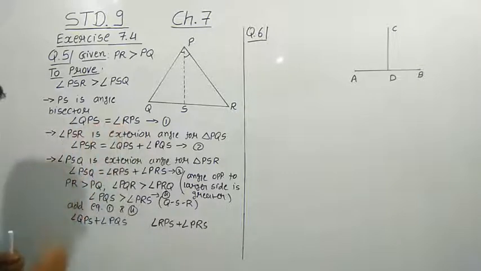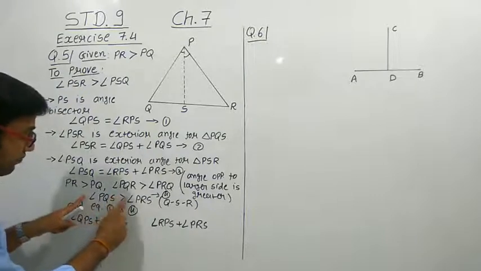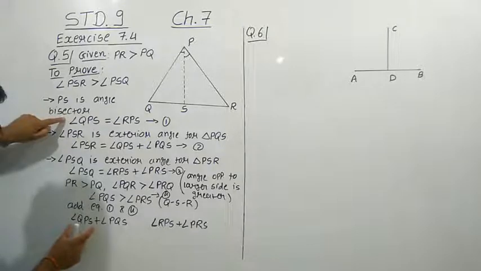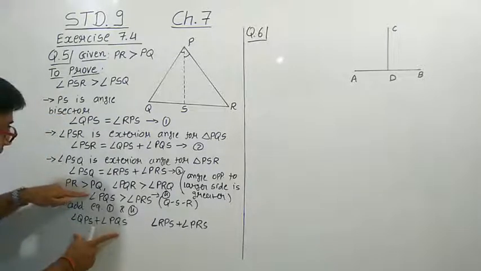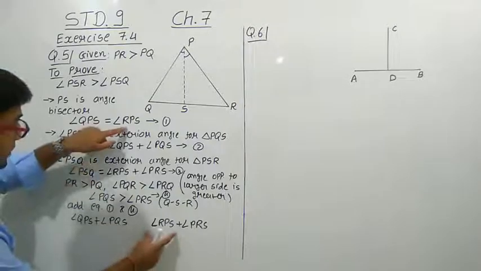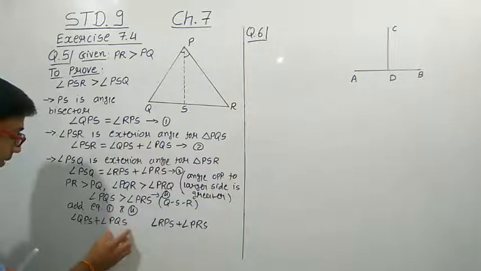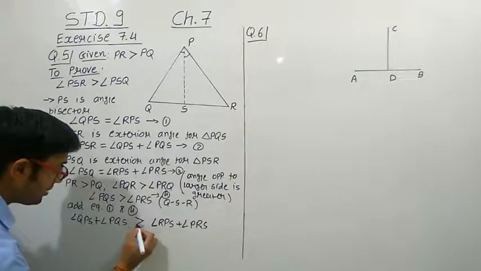Both are equal. Now this is greater than this. Suppose this is 40 degrees and this is 30 degrees. So what will happen? 60 plus 40, the total is 100. Now here 60 plus 30, this is 90 degrees. So as this side PQS is greater, the inequality remains as it is.